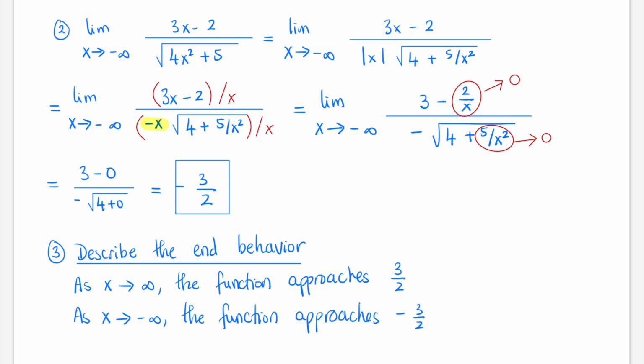So the graph approaches different horizontal values on each side. On the right side, the graph approaches y equals 3 over 2. On the left side, the graph approaches y equals negative 3 over 2. So the function has two horizontal asymptotes.